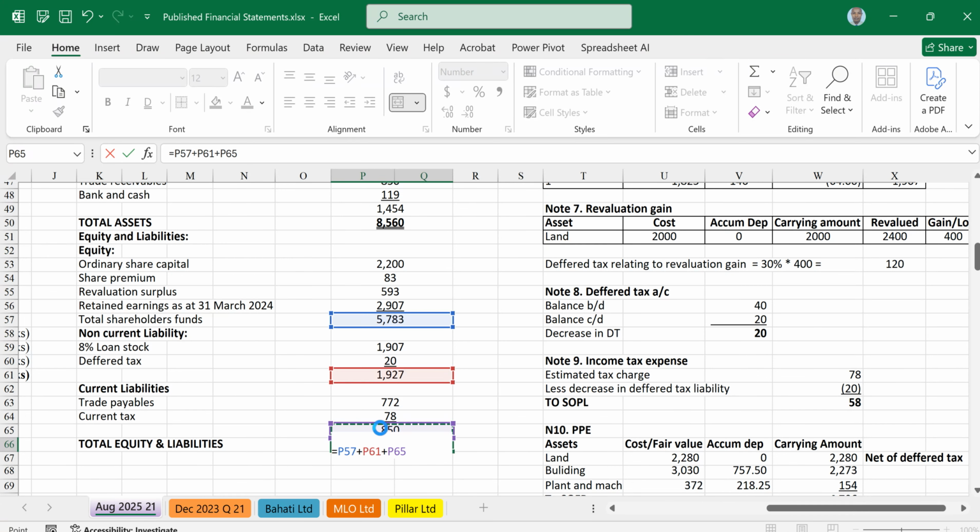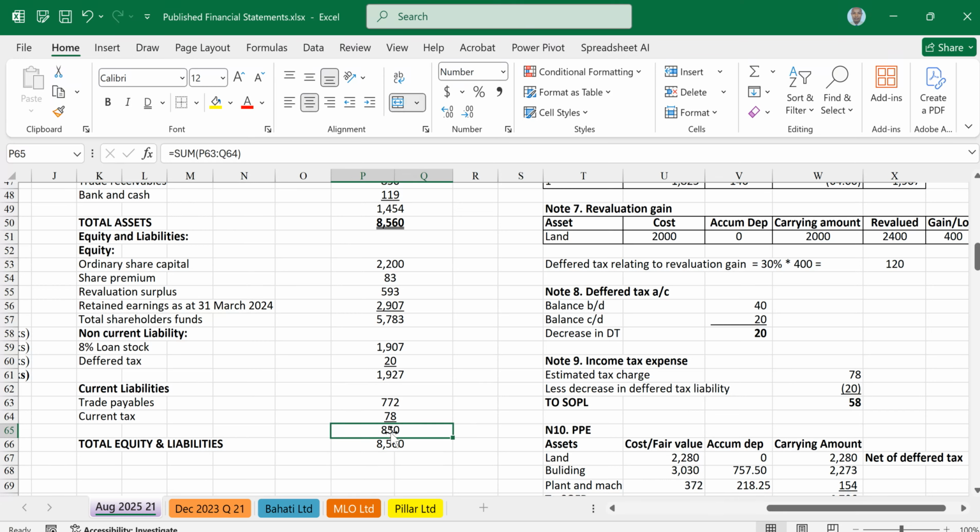That is 8560. We are going to arrive at 8560 as our final answer. So 8560 and 8560.